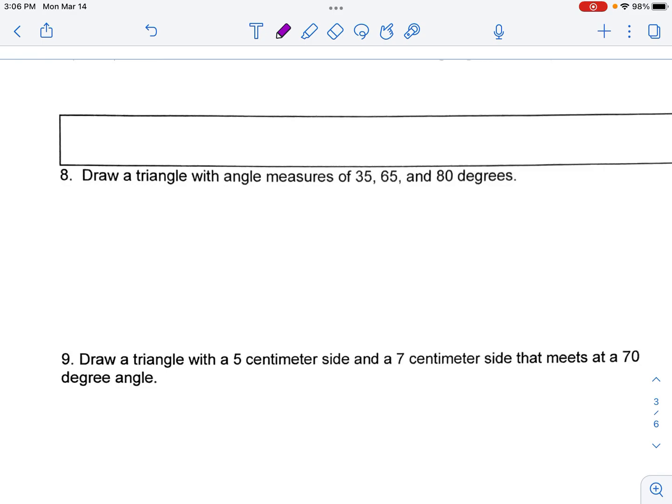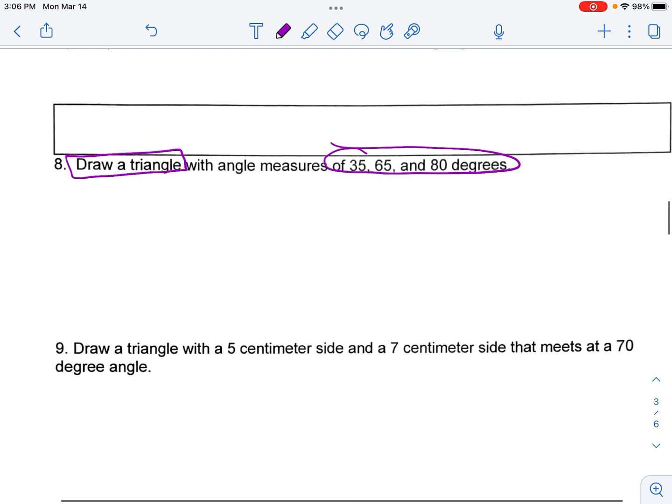You should have a triangle, three-sided figure. The sum of all three angles: one needs to be 35 degrees, one needs to be 65 degrees, one needs to be 80. Obviously, if you're not in class today, show me these when you get back, and we can check these together.